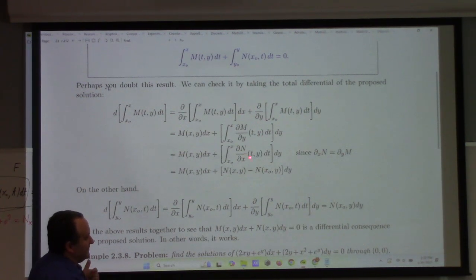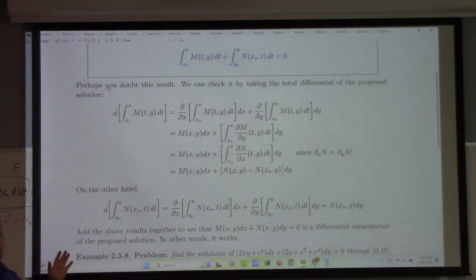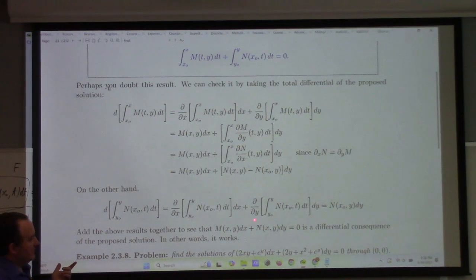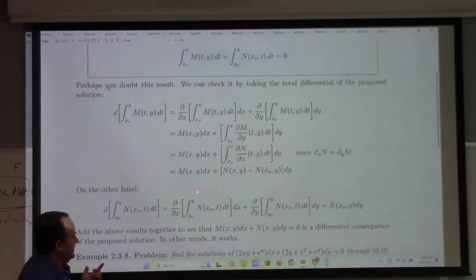That converts this to an x derivative, which is super nice because then you've got integration of a total derivative, which then just gives you the difference in the thing being differentiated, namely n of x comma y minus n of x naught y naught. Now that's got a dy, so that's half of the differential. The other half comes from differentiating the other part of the formula. So I take the total differential of that as well, and I've got the x and the y derivative. Now, what's the partial derivative of this?